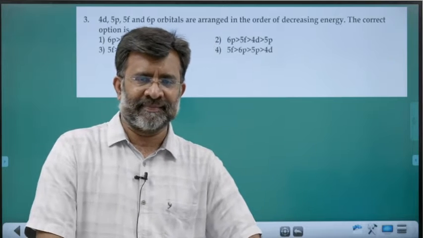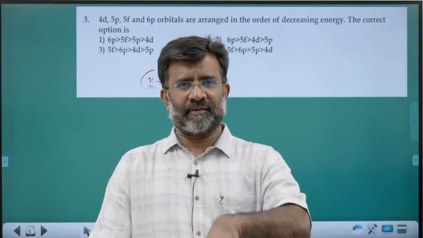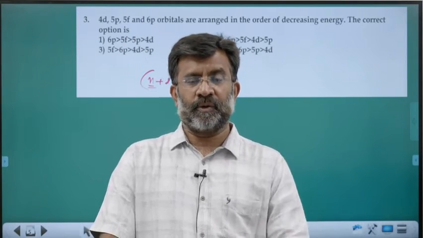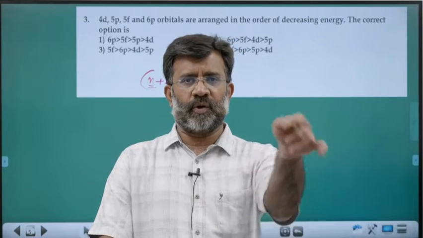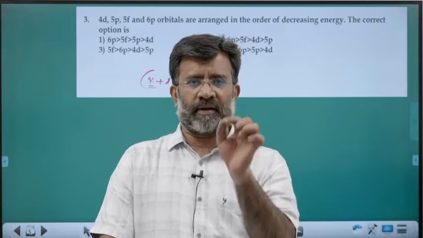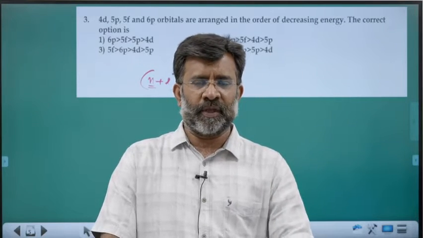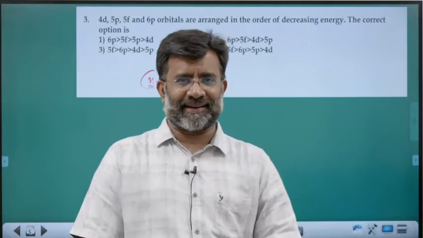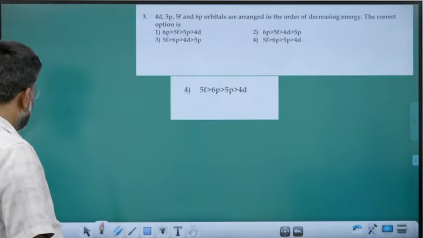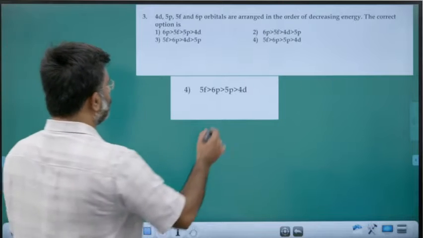Lower the n value, lower the energy. Lower the n plus l value, lower the energy. Suppose two orbitals have the same n plus l value, lower the n value, lower the energy. Higher the n value, higher the energy. Like that.